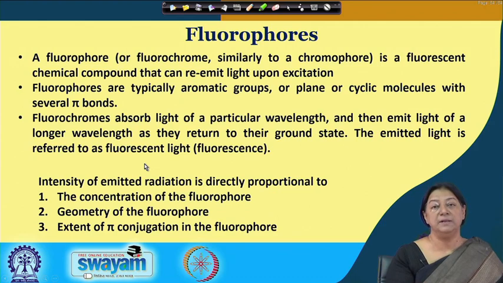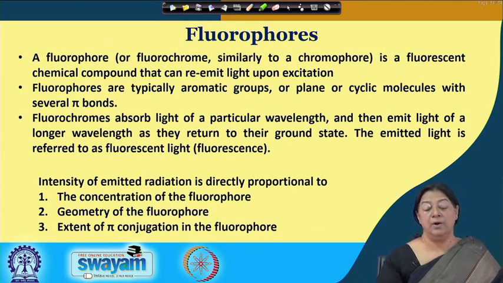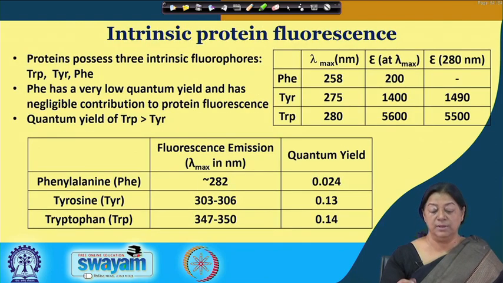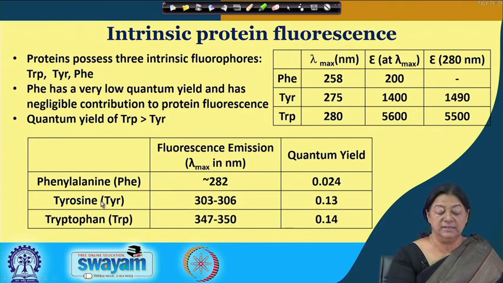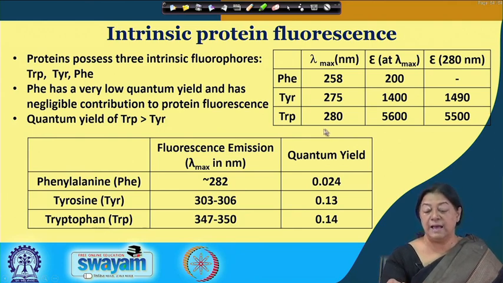Now, what is this dependent upon? This is dependent on the concentration of the fluorophore, the geometry of the fluorophore and the extent of the pi conjugation. Now, when we consider these specific fluorophoric moieties in proteins, we will understand that we have, most importantly, phenylalanine, tyrosine and tryptophan, which have specific lambda max values which we learned previously.